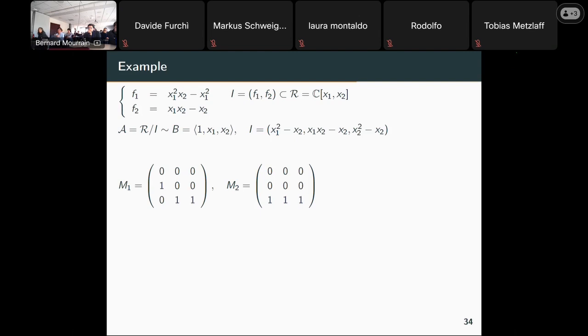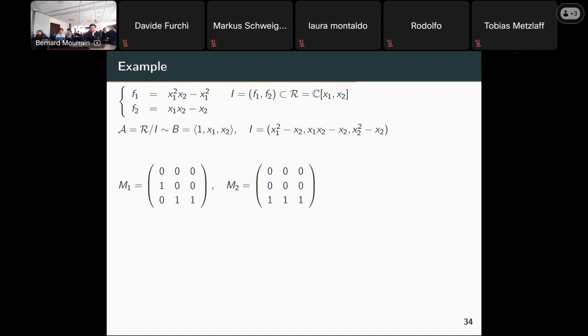So dimension 3, we look at the multiplication by x1 in this basis and find easily that we have this. For instance, 1 multiplied by x1 is x1, so we get 0, 1. x1 multiplied by x1 is equal to x1 square. x1 square is equal to x2 because we have this equal 0.